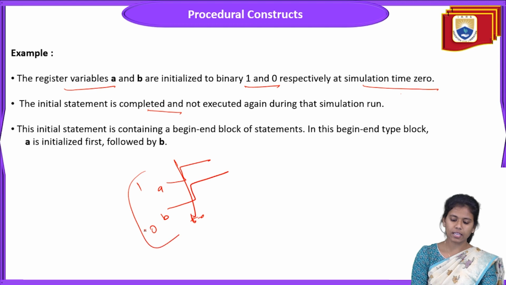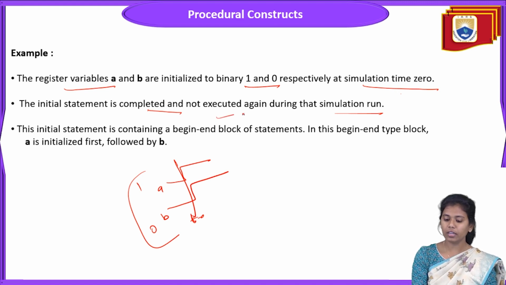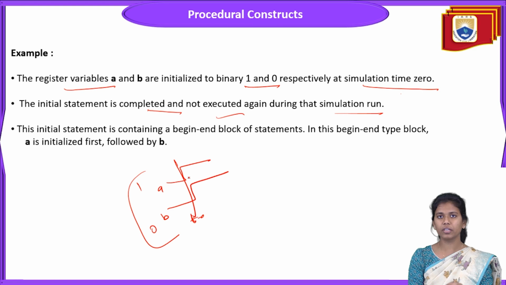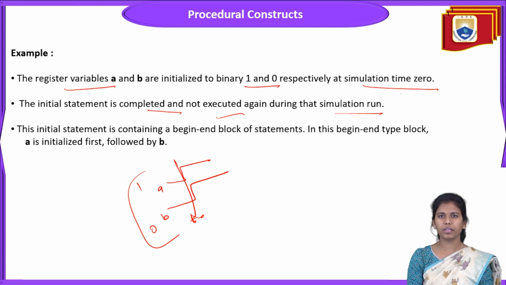Now initializing has been completed and is not executed again during the simulation run. Why? Because in the initial statement, this initial procedural construct, once it is started, it is fixed. There is no point in executing it again.